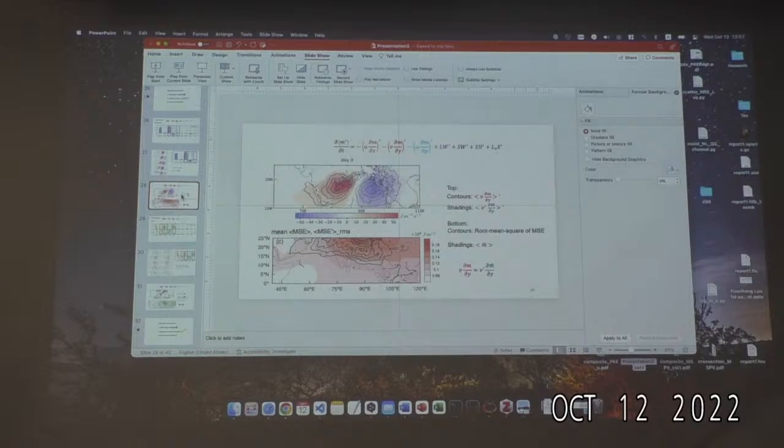So the energy conversion could potentially happen between the mean monsoon and the disturbances. But I'm not sure whether the variability in the south could be affecting it.